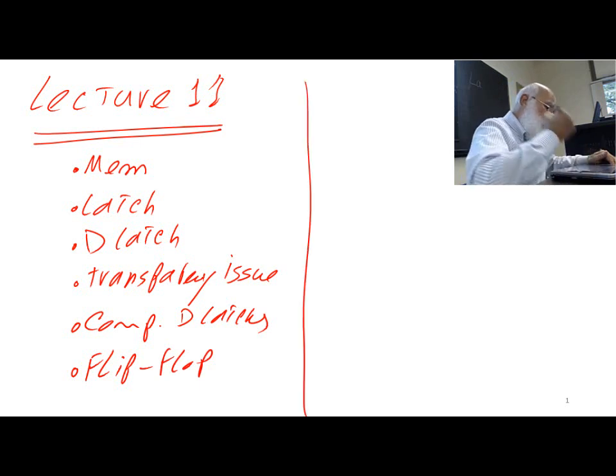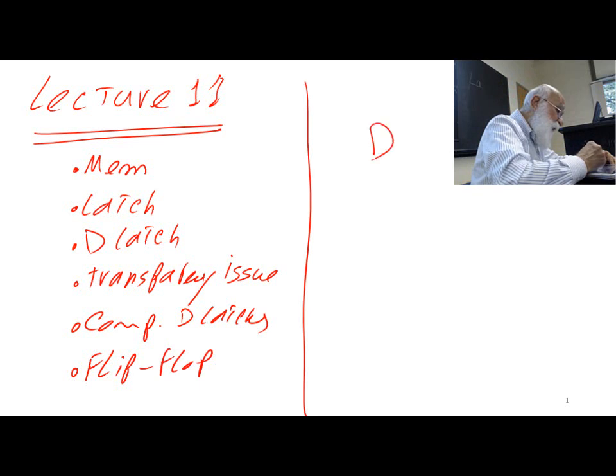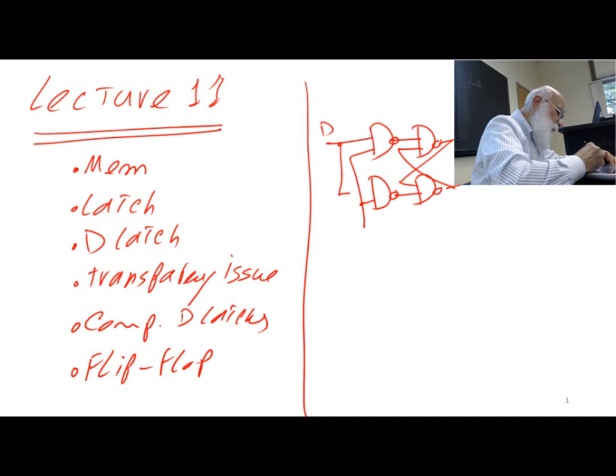What is a flip-flop? Something else that we did, we turned the entire circuit into NAND. And so we said that each latch really looks like this. This is the D input, and this is the clock, Q, and always Q bar.